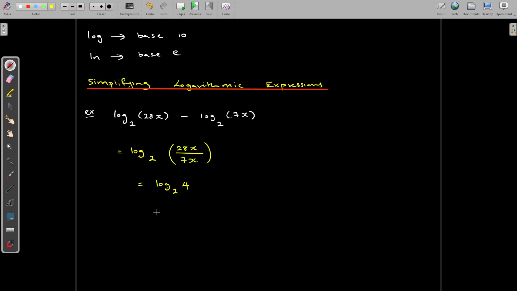So what will happen is that we can treat this 4 to satisfy one of those laws. Now there's a law that says whenever the base and the number are the same, we can cancel out the log, and that's just 1. But before we get to that point, there's something else that we need to do.